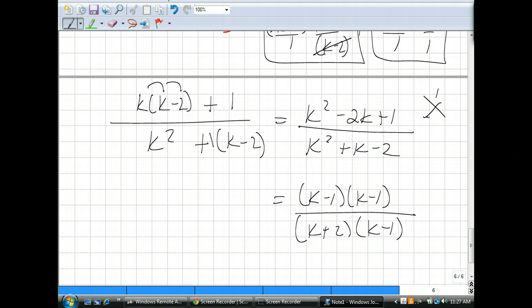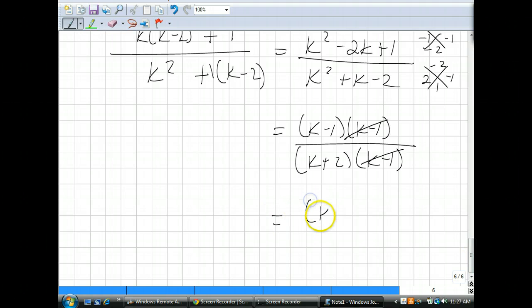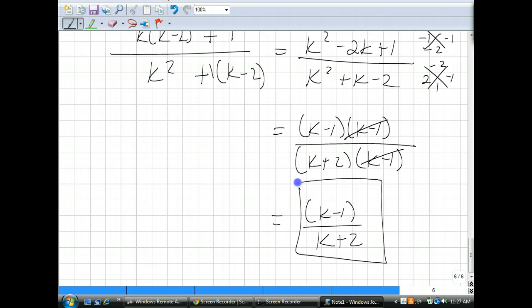What multiplies to 1 but adds up to negative 2? What multiplies to negative 2 but adds up to positive 1? Okay, that's where that came from. These reduce. And so we have k minus 1 over k plus 2. That's our final answer.